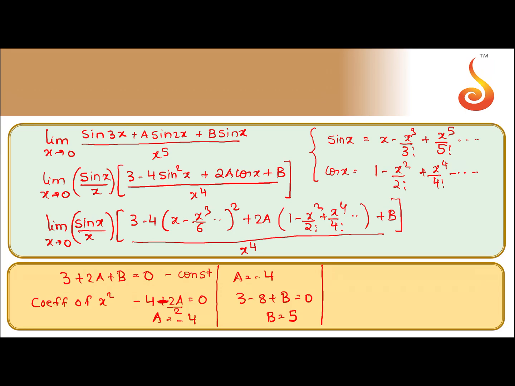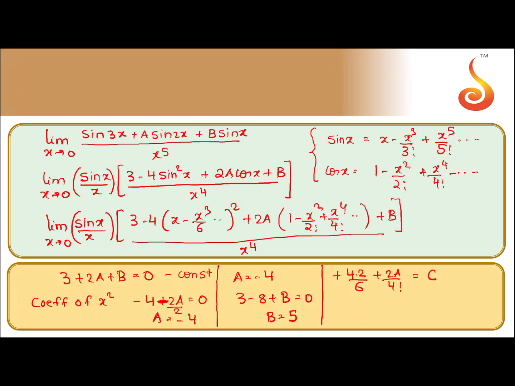X to the power 4 coefficient will be plus 4 into 2 by 6, which comes from the sin square x expansion, plus 2a by 4 factorial.